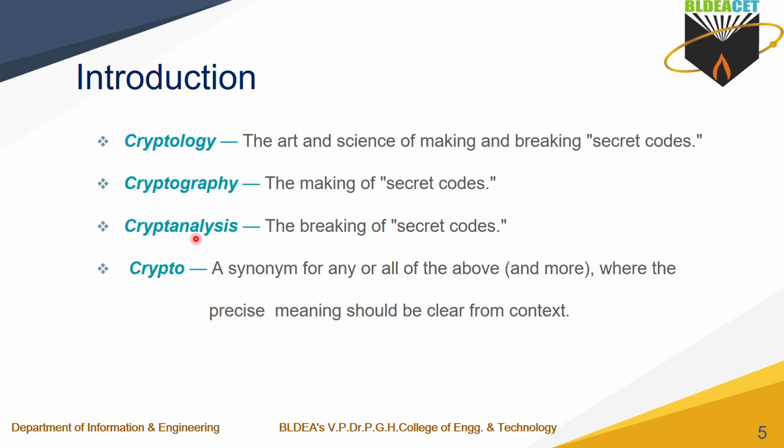That verification we call as what here? Cryptanalysis. Next you are using one term, that is crypto. It is a synonym for any or all of the above. So for all these things you can use the single term crypto. This is just the basic definitions about these terms.